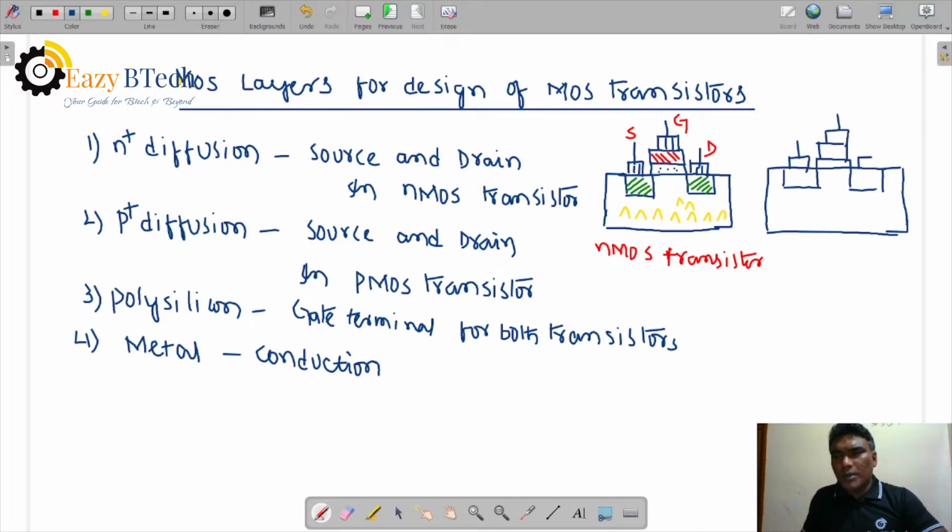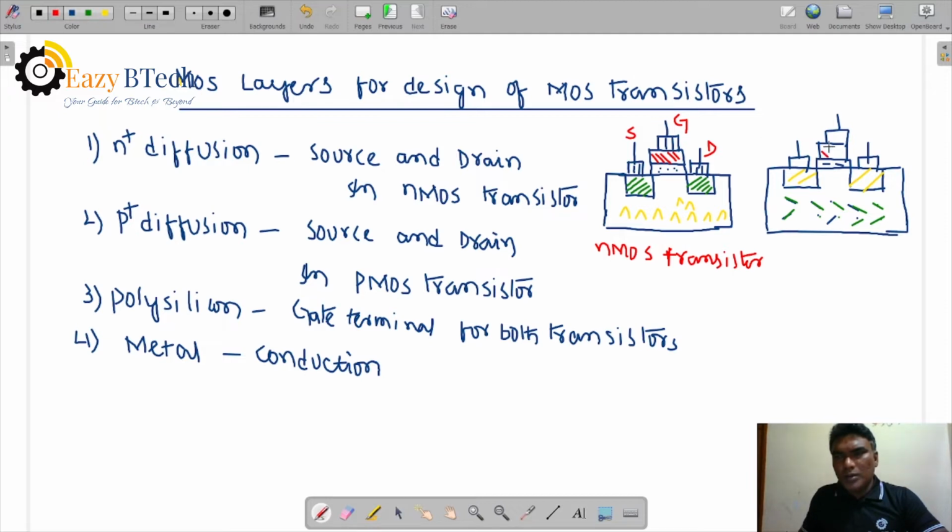The diffusion is P plus diffusion, separated by the SiO2 layer from the polysilicon, and the metal layer on top.